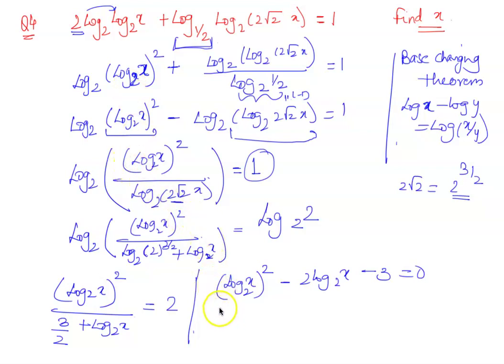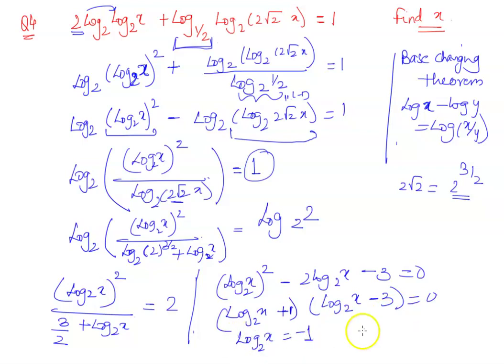You will get log x to the base 2 plus 1 and log x to the base 2 minus 3 equals 0. So log x to the base 2 equals minus 1, or log x to the base 2 is equal to 3, right?